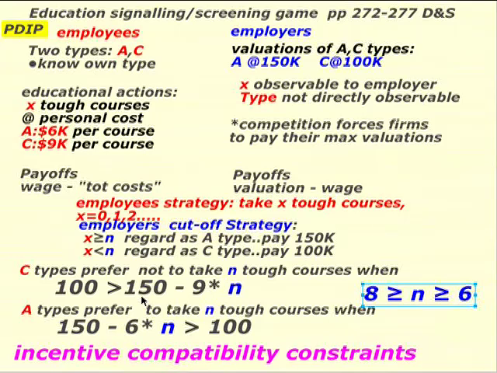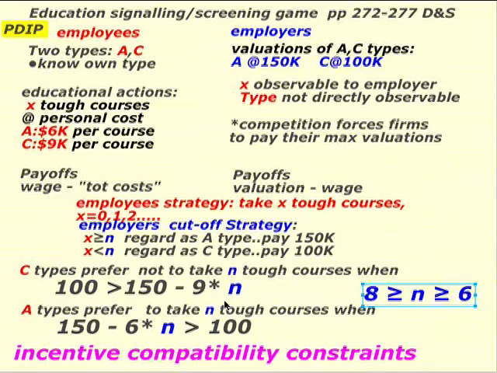Their benefit is 150,000 if they take the courses. They get the higher wage, subtract off the cost of taking the courses, and their payoff is going to be 105,000. But 105,000 isn't less than 100,000, so this inequality wouldn't hold if n was equal to 5. We wouldn't satisfy the incentive compatibility constraint. We wouldn't have a best response for the C types, the challenge types, of not taking the courses if n is equal to 5.